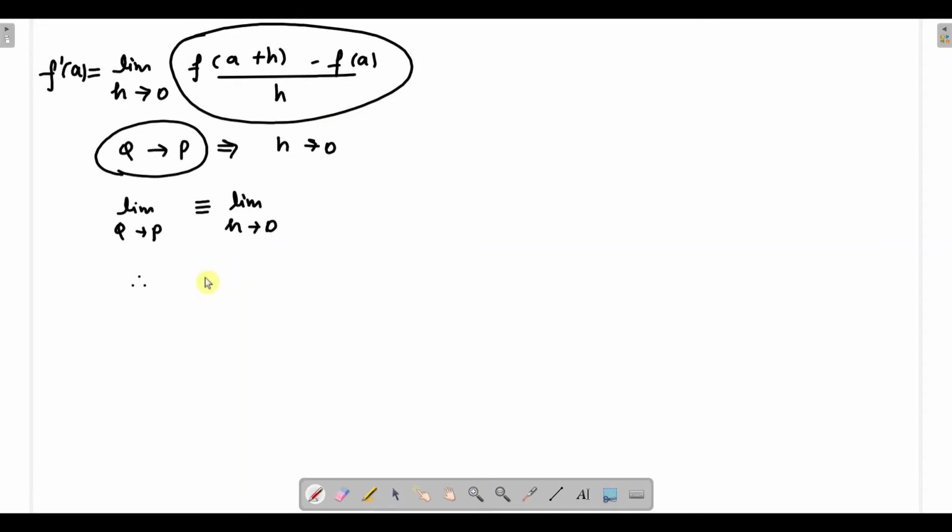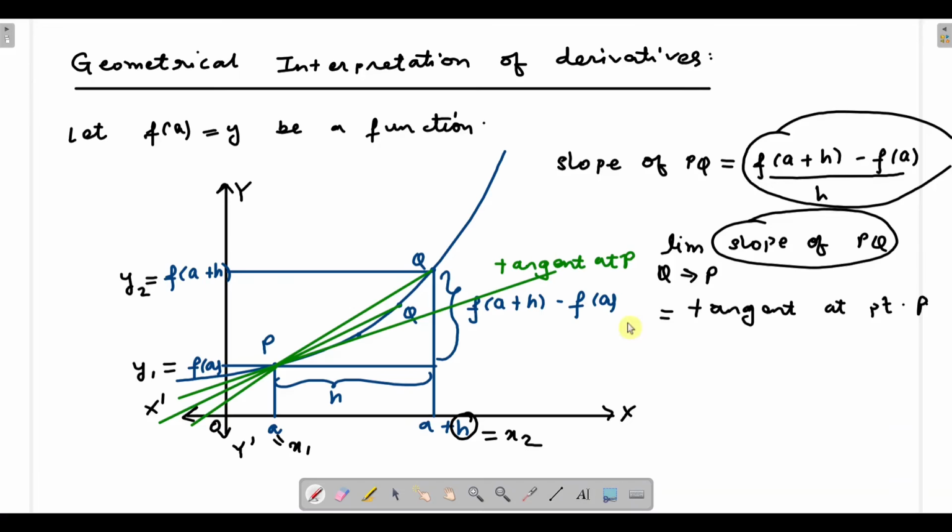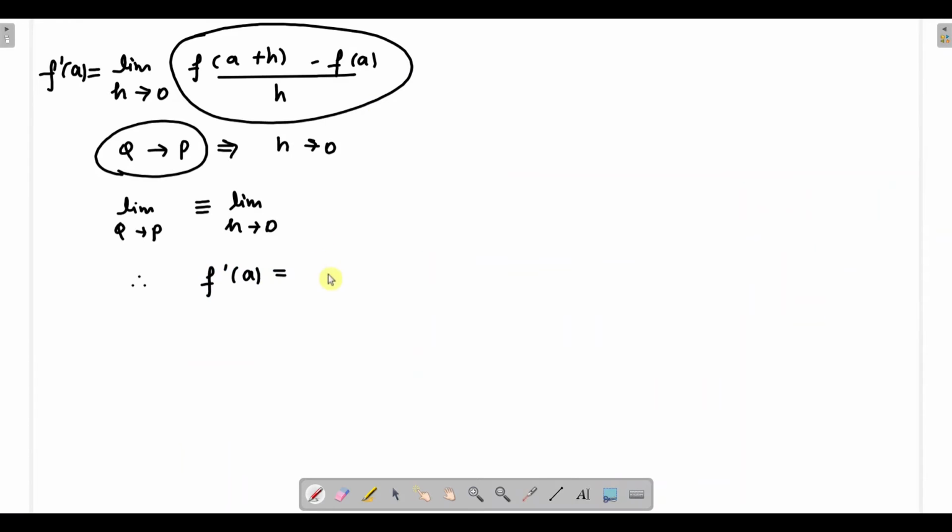So therefore f prime of a will become equal to the limit q tends to p of the slope of pq, which will be equal to the slope of the tangent at p here.